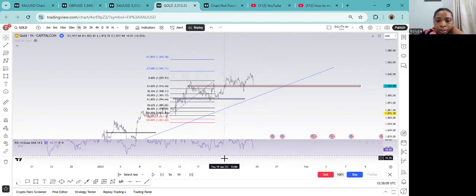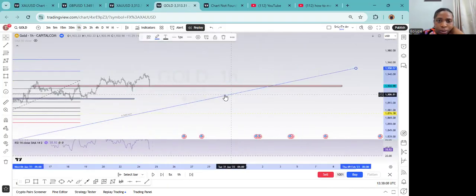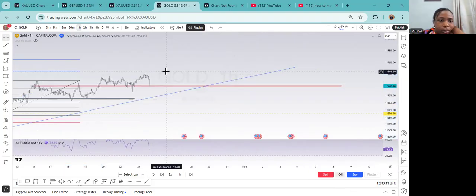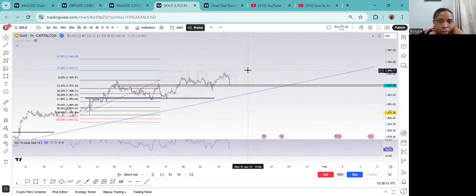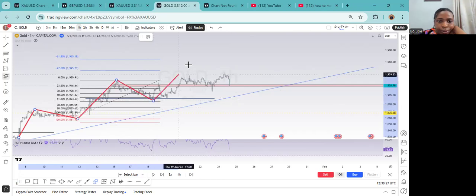Okay, so this is where we are at. So I'll just work with this current price that we have, where we have a bullish trend, you know.